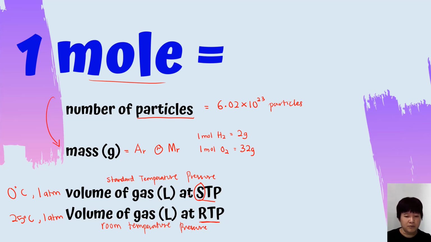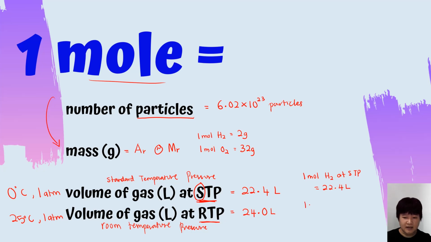So if I have 1 mole of gas at STP, it represents 22.4 liters of the gas. If RTP, it means 24 liters of the gas. That means if I have 1 mole of hydrogen gas at STP, I have 22.4 liters.